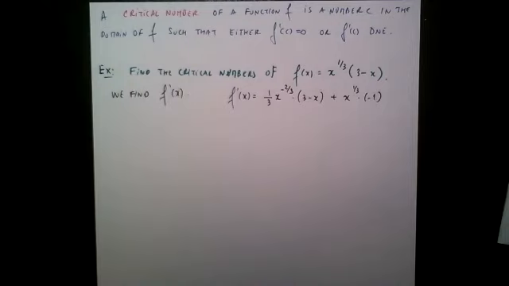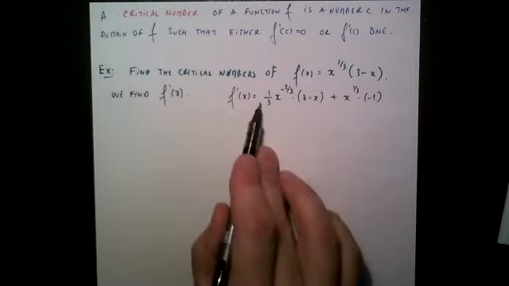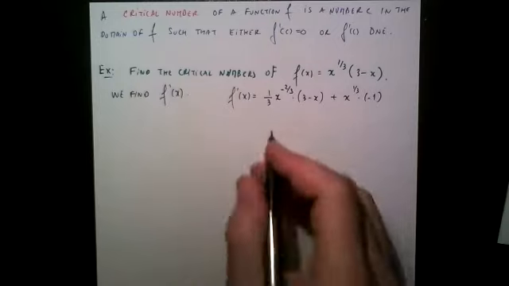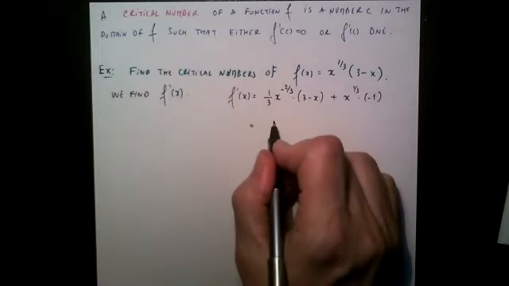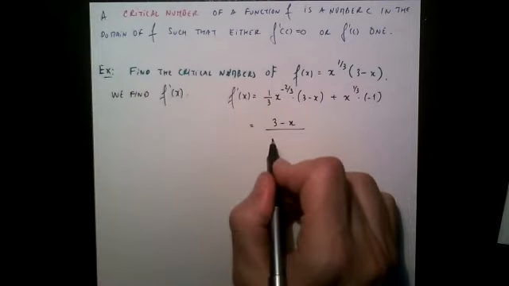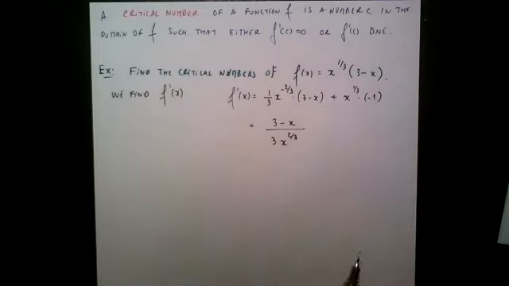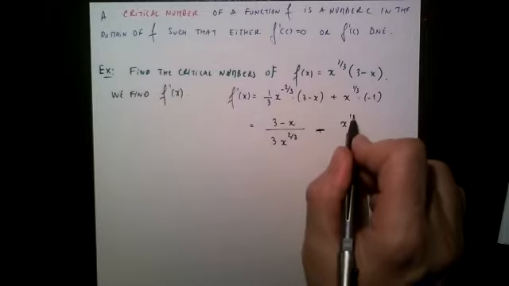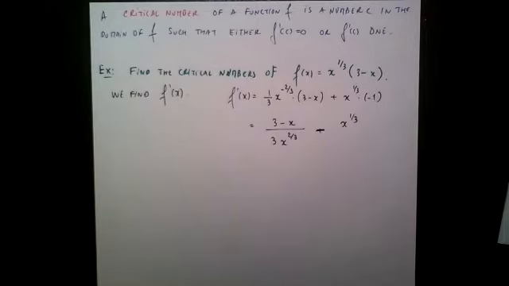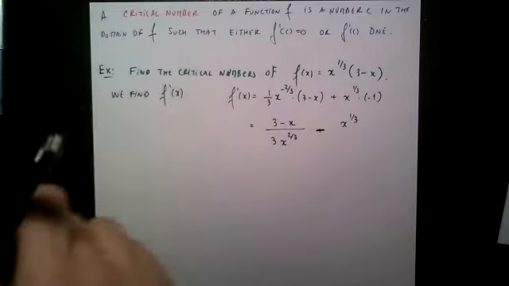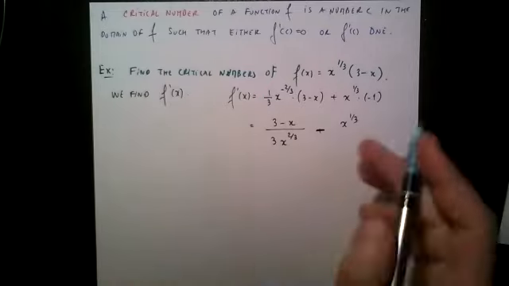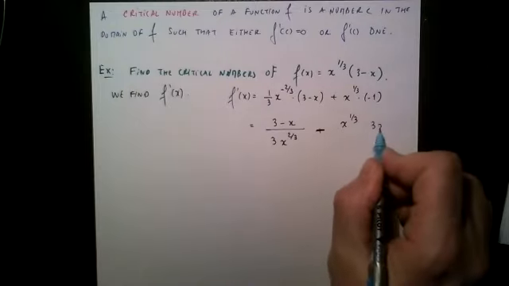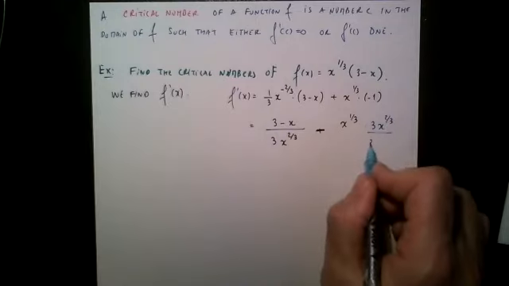Good? Okay, so I'm going to do a bit of algebra here, and I'm just going to find the common denominator. So I will have 3 minus x over 3 times x to the 2/3, plus minus x to the 1/3. Right, that's what I have. And I will multiply top and bottom by 3x to the 2/3 to get the common denominator.